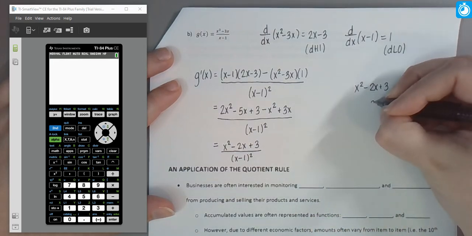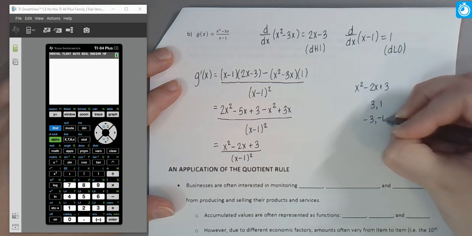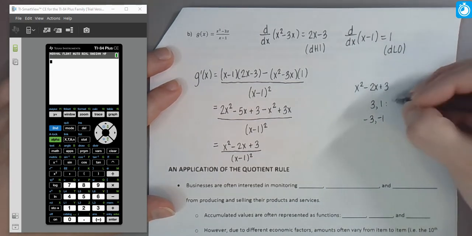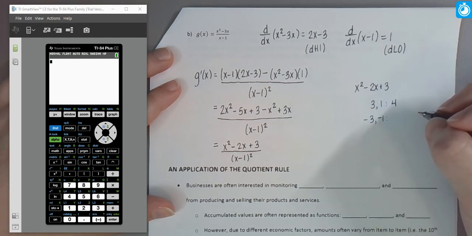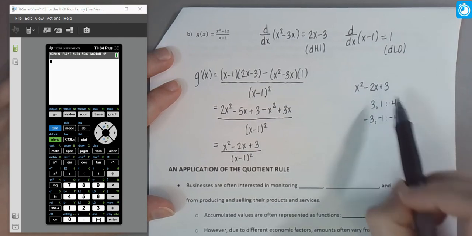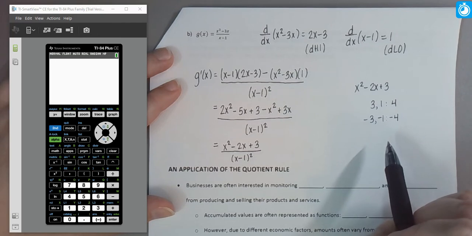So it's either going to be positive 3 and positive 1, or negative 3 and negative 1. If we combine positive 3 and positive 1 together, we get a positive 4. If we combine negative 3 and negative 1 together, we get a negative 4. Neither of which matches up with our coefficient on our linear term.